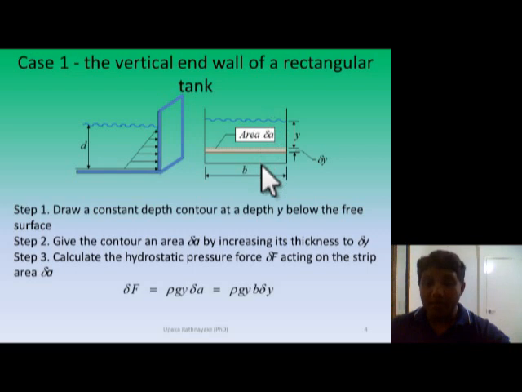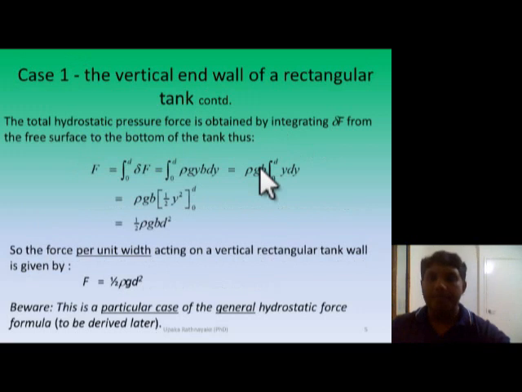Mathematically we can do this using integration. Now let us do this simple integration. So the total resultant force F is equal to the integration from 0 to d of delta F, that is, rho g y b dy, from 0 to d.